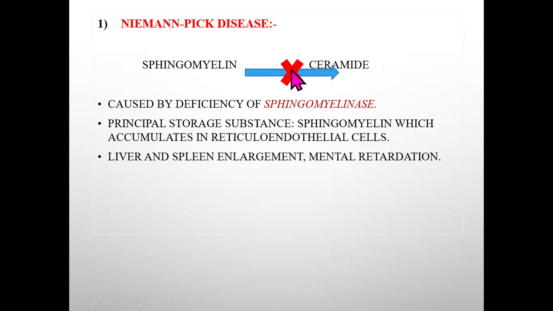If this enzyme is deficient, this reaction will not proceed and you have accumulation of sphingomyelin. Now, principal storage substance is sphingomyelin, which accumulates in the reticuloendothelial cells. And you have liver and spleen enlargement, you have mental retardation as the manifestation.